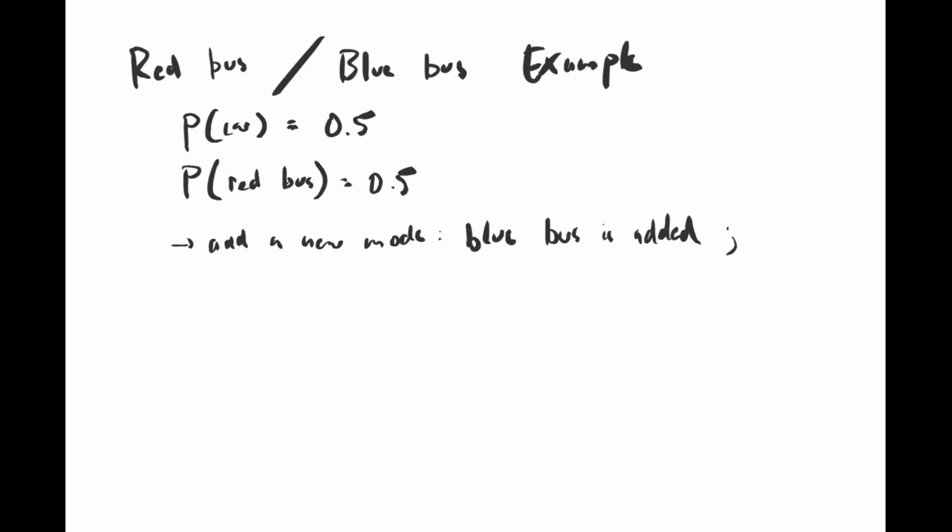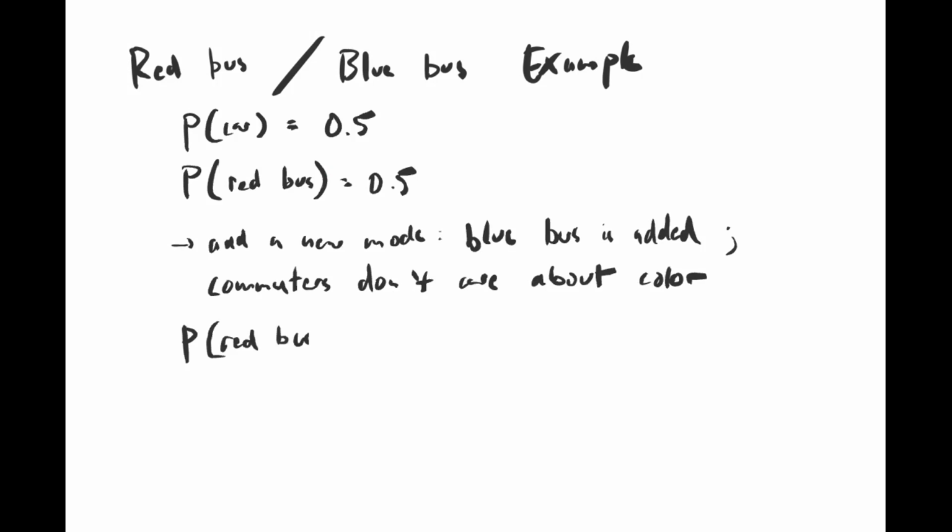And then we're going to say commuters don't care about color. And therefore, the probability of red bus is equal to the probability of the blue bus. Therefore, you would want something that looks like this.